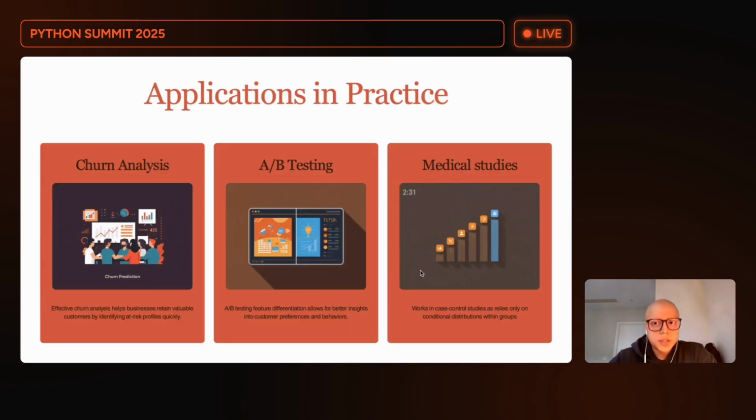So some applications are churn analysis, or to make it more broad, any model in which the event of interest is actually rare compared to the size of the sample. It can be used in A/B testing, and it allows to better understand A/B test results.